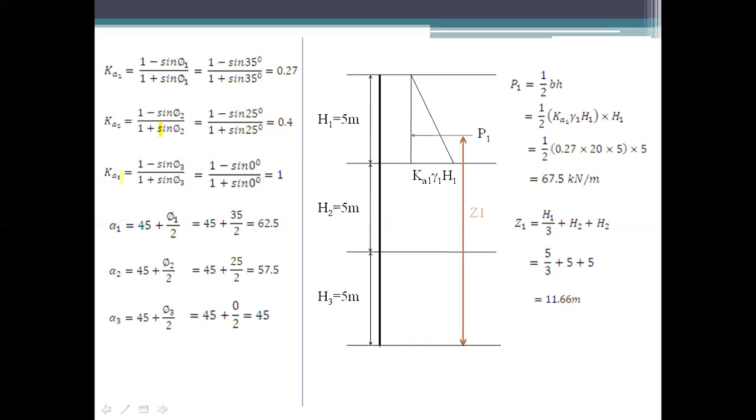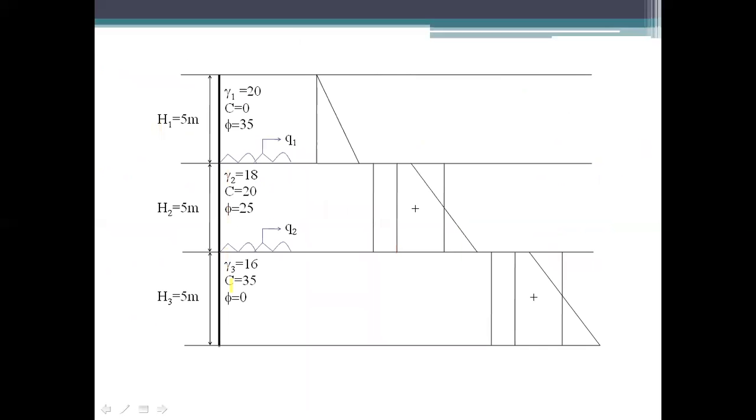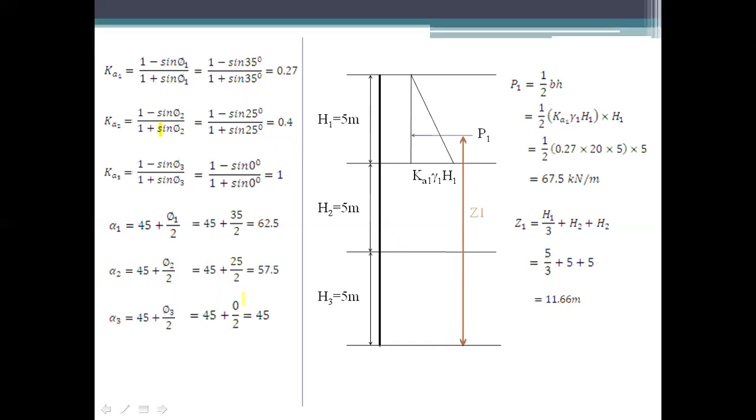The coefficient of active earth pressure for the third layer is 1 minus sine phi 3 upon 1 plus sine phi 3. Phi in the third layer is 0, so 1 minus sine 0 upon 1 plus sine 0 equals 1. Here you have to calculate alpha also.